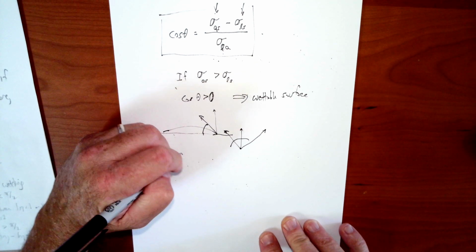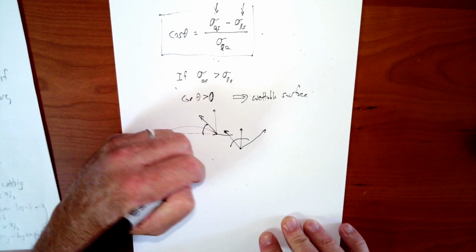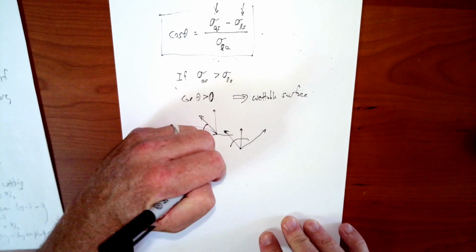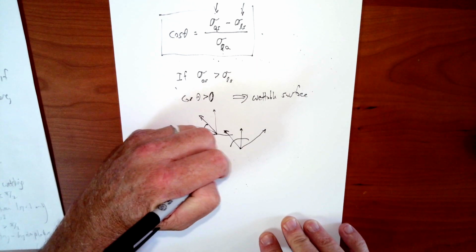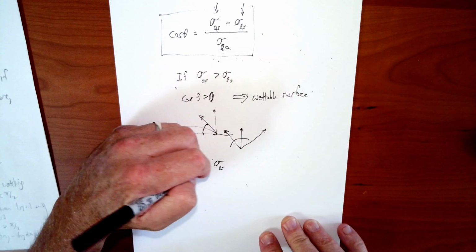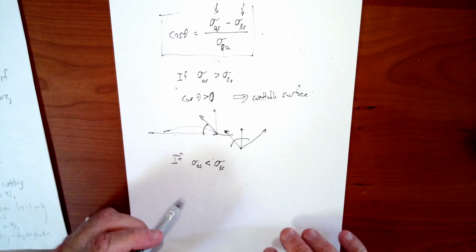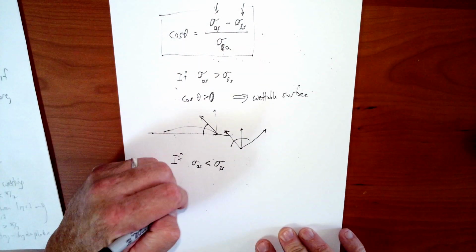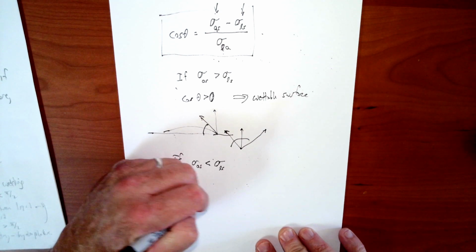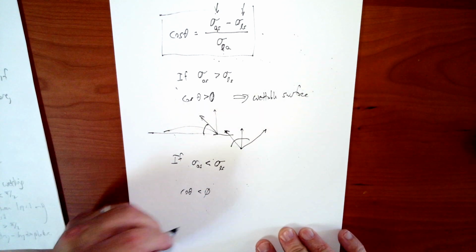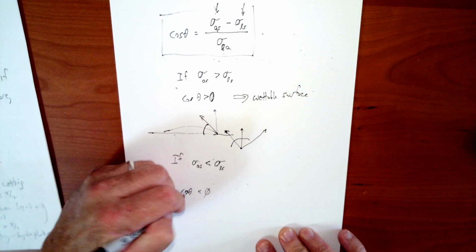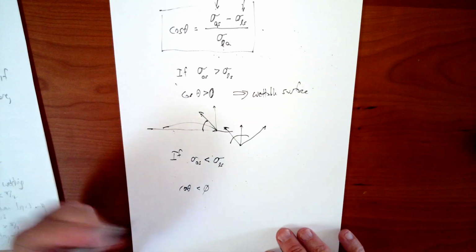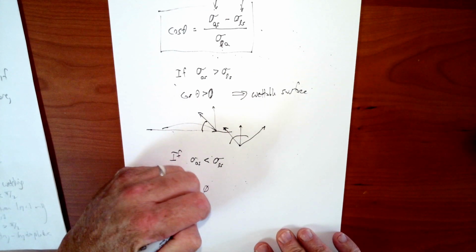Conversely, if the air-solid interface has less interfacial tension than the liquid-solid interface, then this is going to be negative, and you're going to have a cosine of theta that is less than 0, and that means that theta is greater than pi over 2.